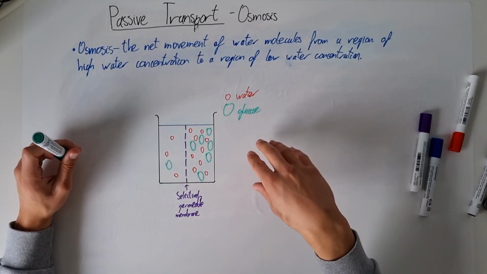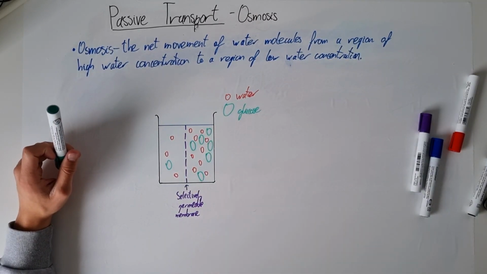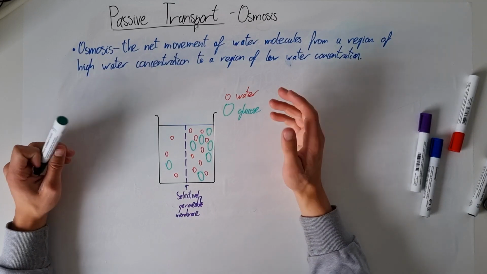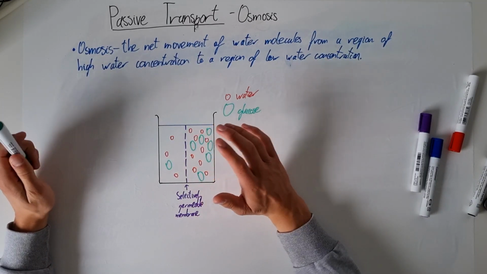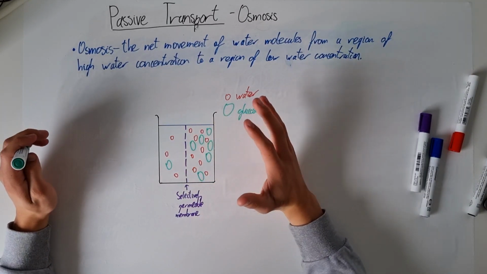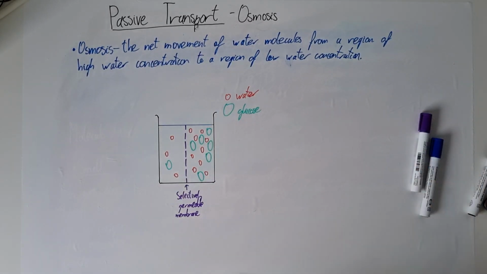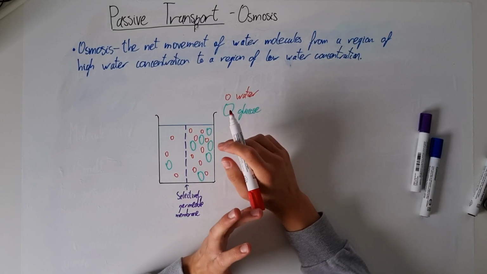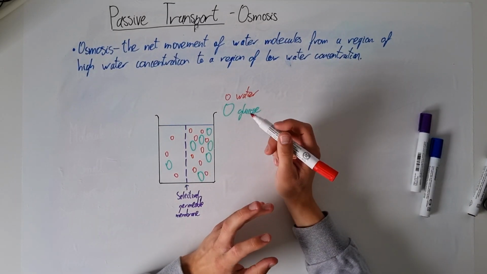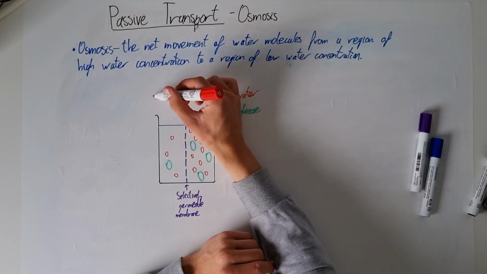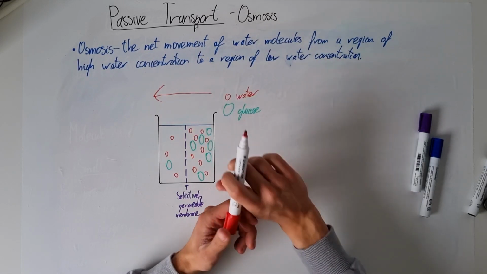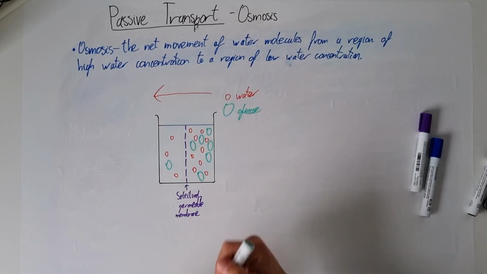When diffusion begins, both the water and the glucose will diffuse across the membrane, but the water will be a lot faster than the glucose. And why is this? Because it's smaller. The water is significantly smaller than the glucose, so the water will diffuse a lot faster than the glucose will.